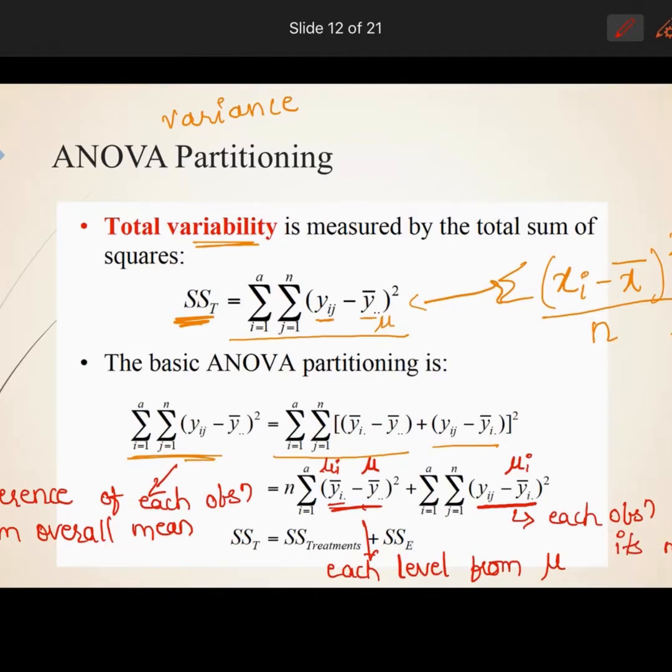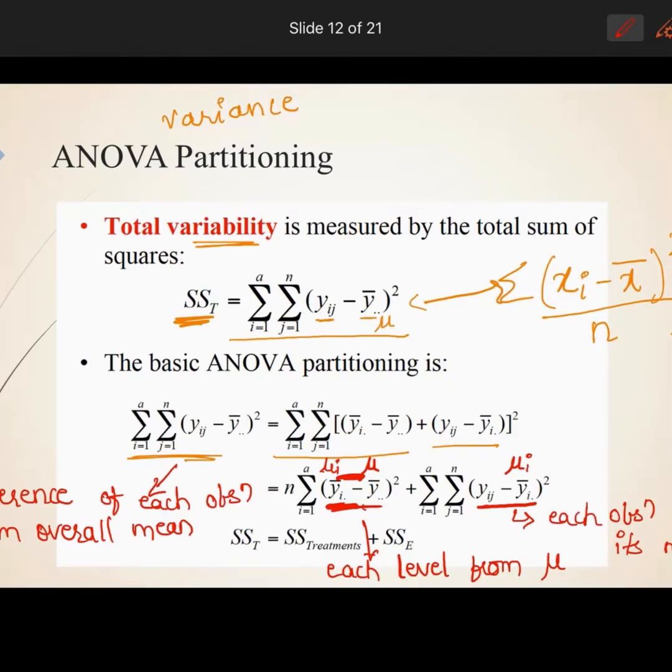Okay, so these are really important measures here. So we are saying that the total sum of squares, or the difference of each observation from the overall mean, can be represented in terms of the difference between the levels and the difference within the level. Okay, so this is known as the sum of squares of treatments, and this is the sum of squares of errors here.